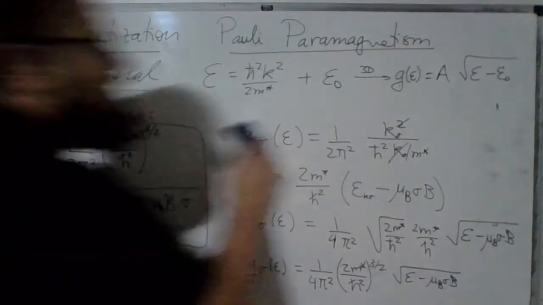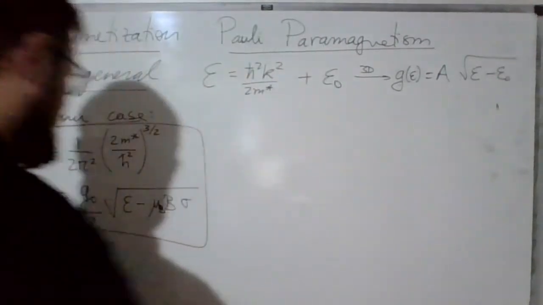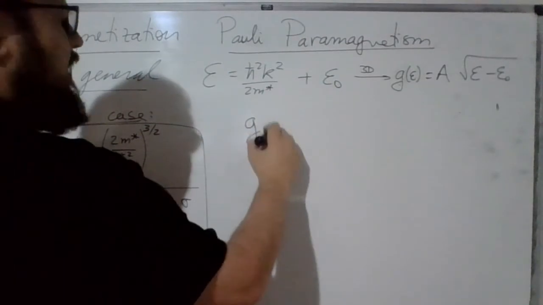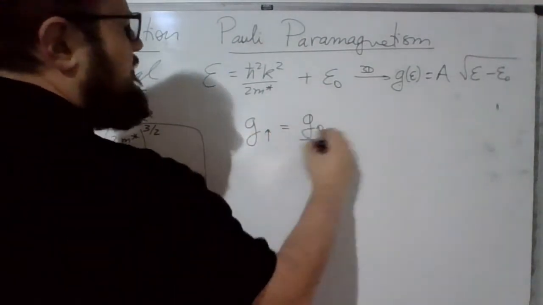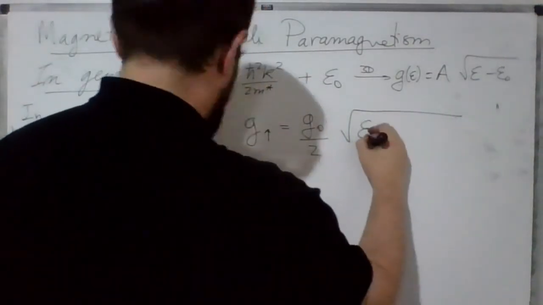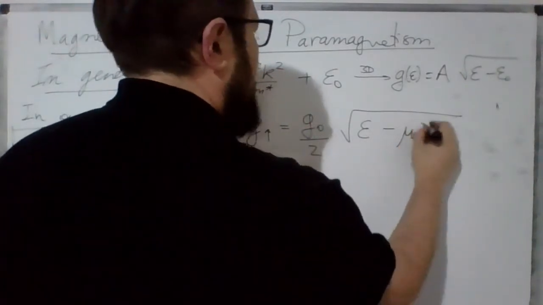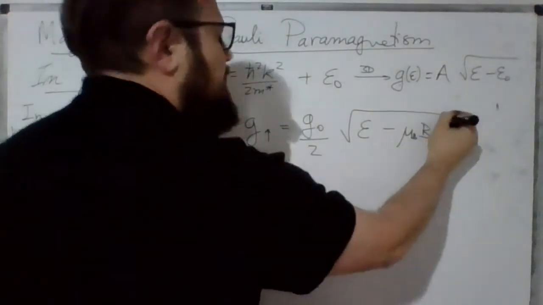So if we specify for up spins, we have G0 divided by 2, square root of energy minus a Bohr magneton times B. This is for the up spin.